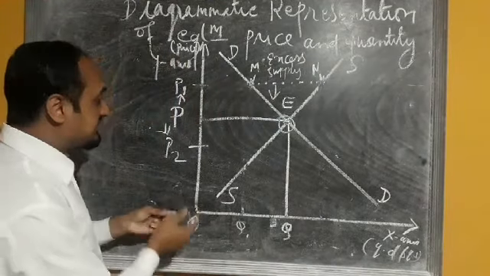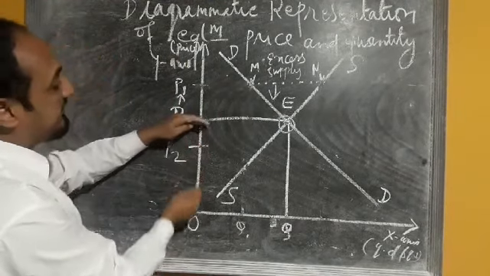Now suppose in the next situation the price is OP2, which is less than the equilibrium price OP.